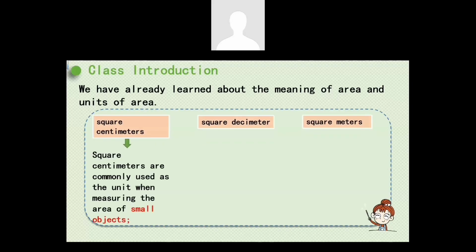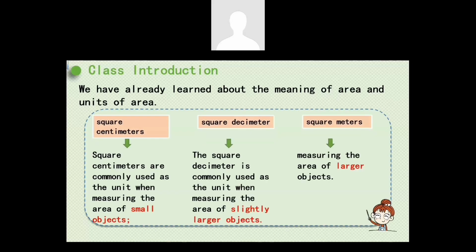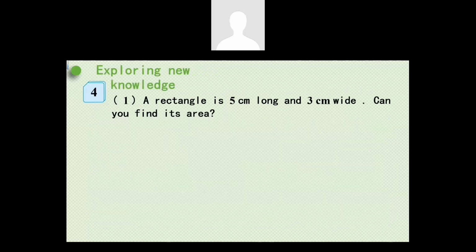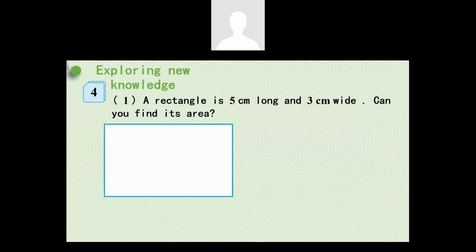If I give you a rectangle or a square, what method can you use to find its area? Okay, look at the screen. Don't answer immediately. I will give you 1 minute to think.